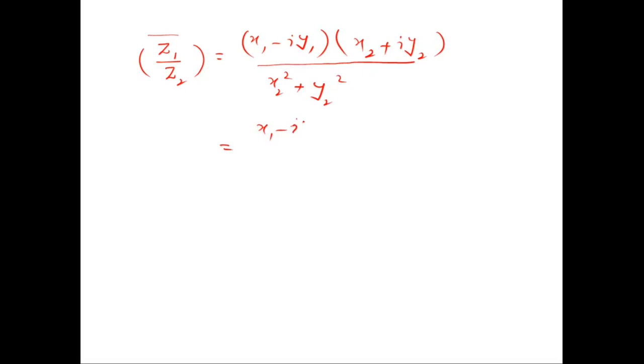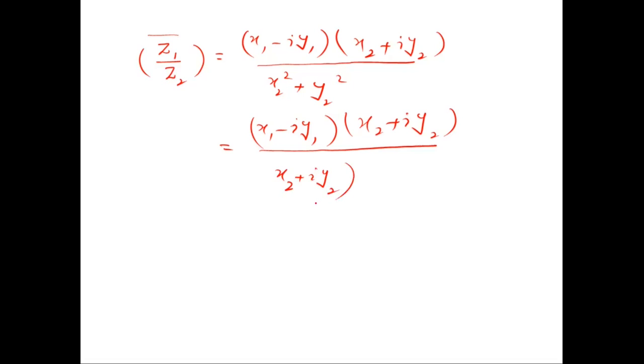Now the factors of x2 square plus y2 square will be x2 plus iota y2 into x2 minus iota y2.